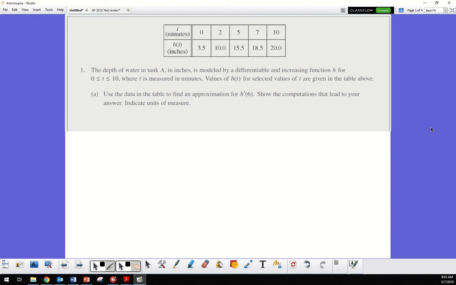Okay, so first, h prime means we're doing what? The derivative at 6. Now, is there a 6 on here? No, because I'm trying to find the slope, right? So it's basically the slope formula. h prime of 6 is equal to, so 6 is going to be between these two right here.